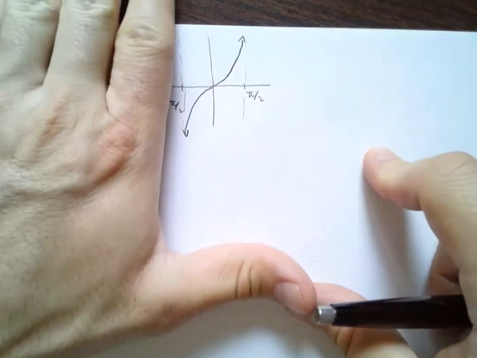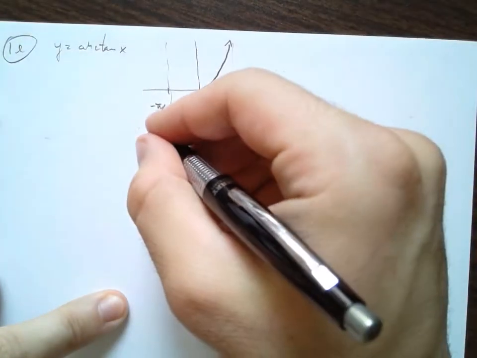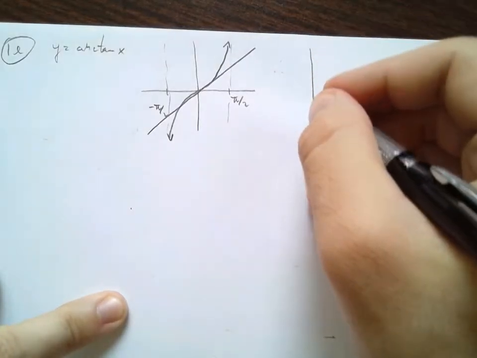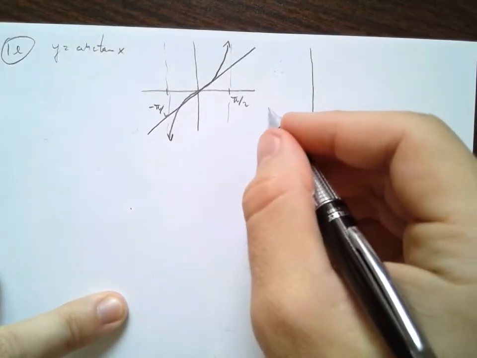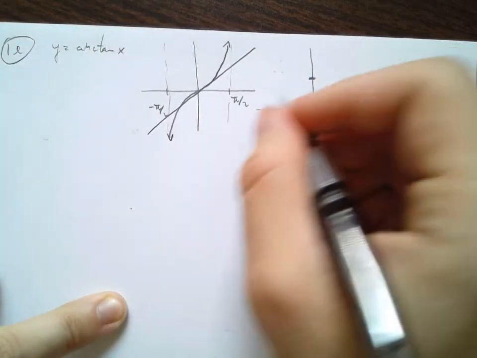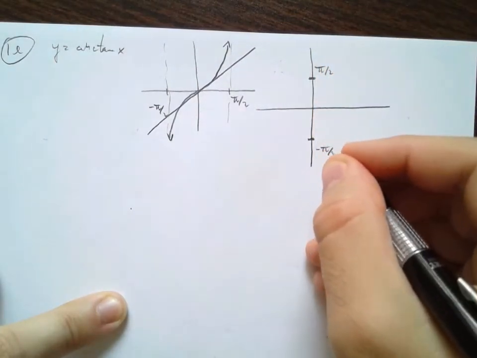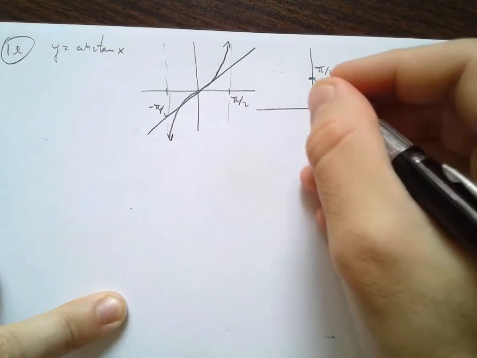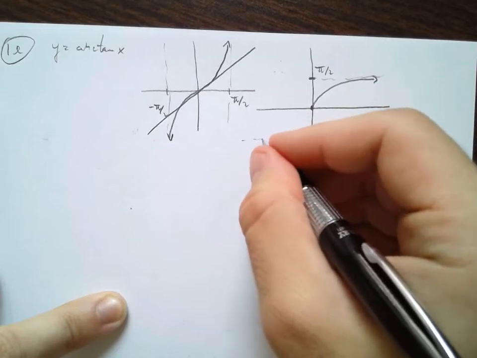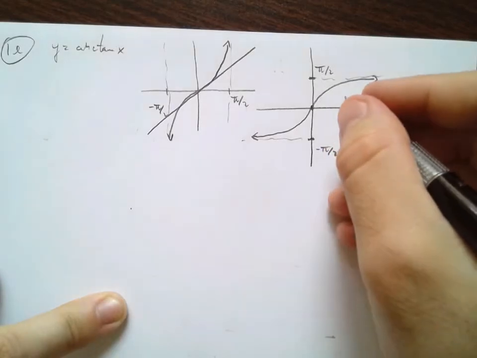To obtain the graph of the inverse function, all I have to do is reflect this about the line y equals x. Okay? So when I do that, what I obtain is the following graph. Now the vertical asymptotes are going to become horizontal asymptotes at pi over 2 and minus pi over 2. And on one end, the function is going to level off like that. On the other end, it's going to level off just like so.